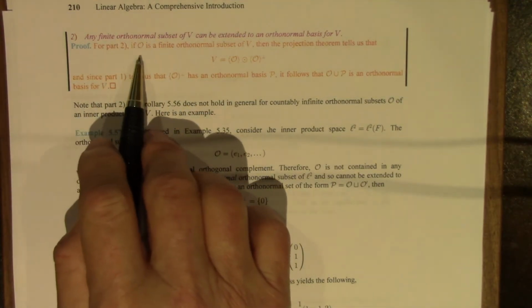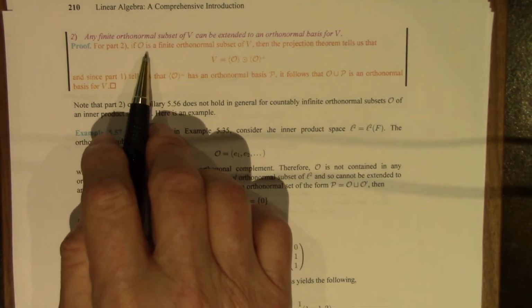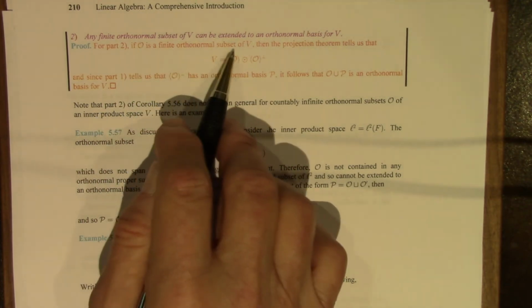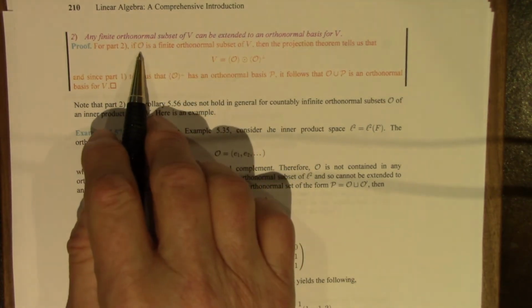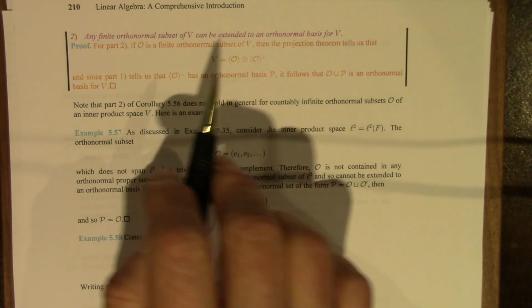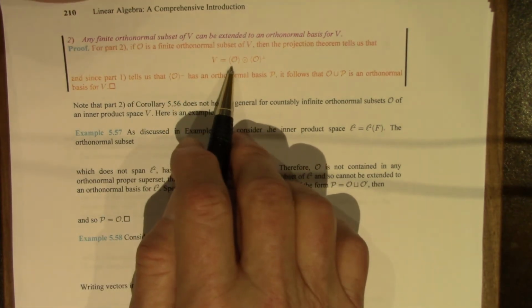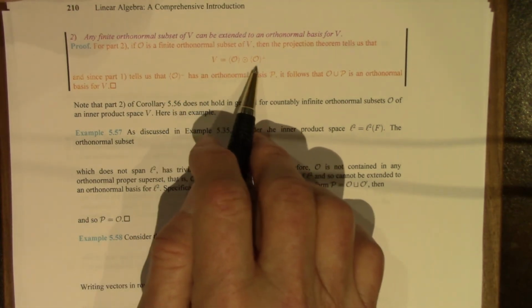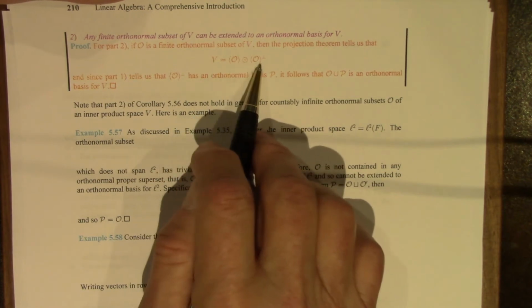If we start with a finite orthonormal subset of V, call it O, then because the space spanned by O is finite dimensional, the projection theorem holds, and we can write this orthogonal decomposition.